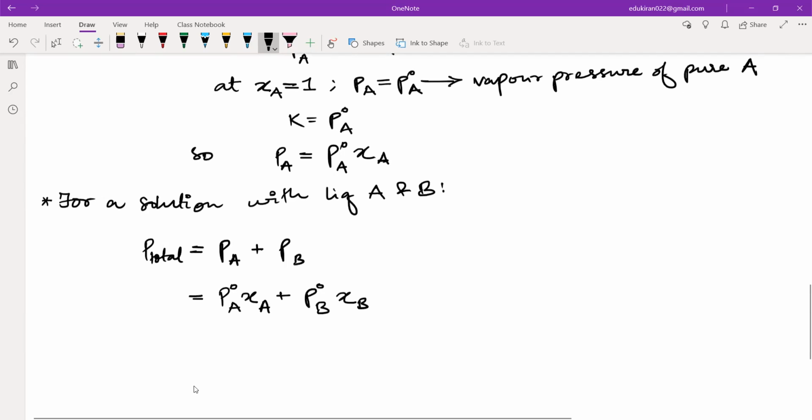Now we also know that chi A plus chi B is equal to 1.